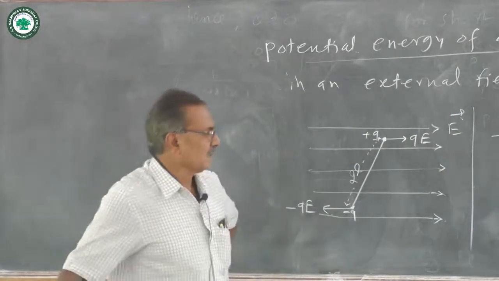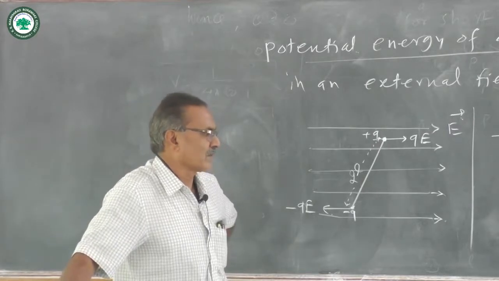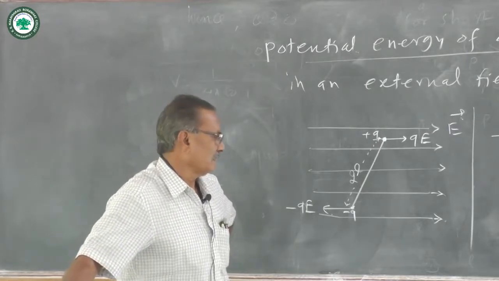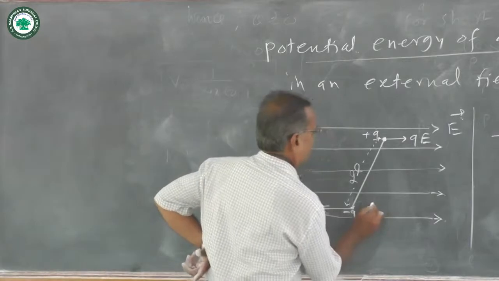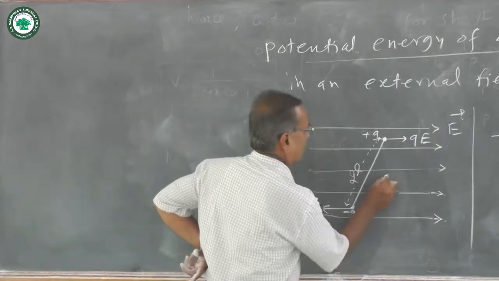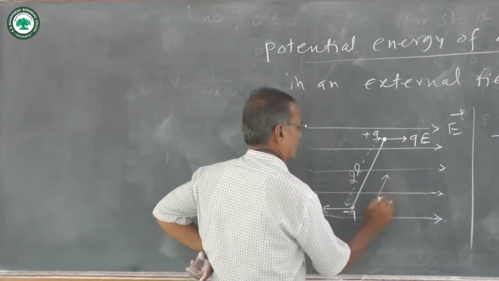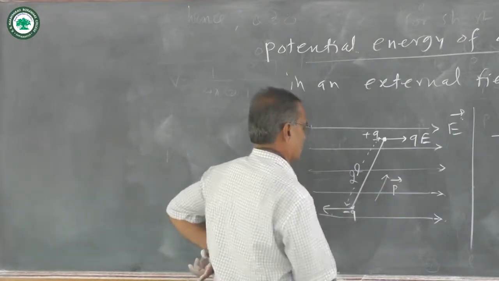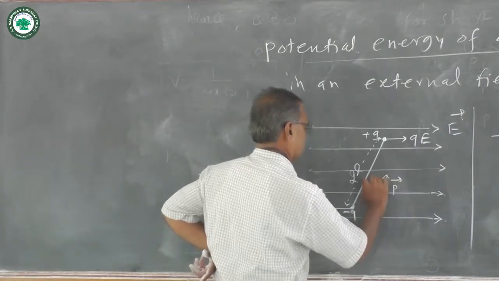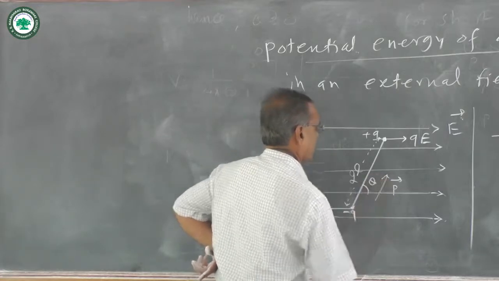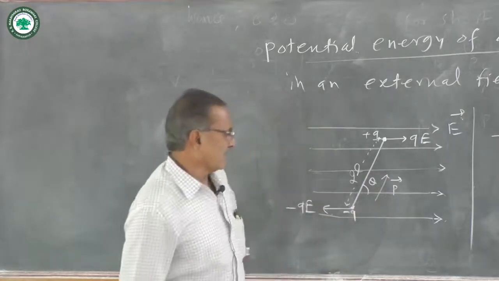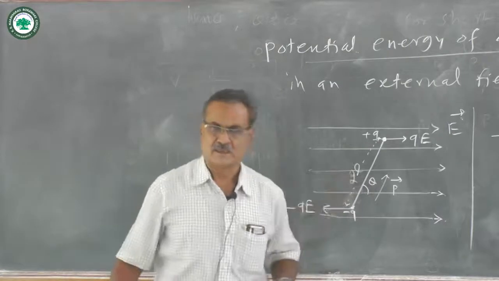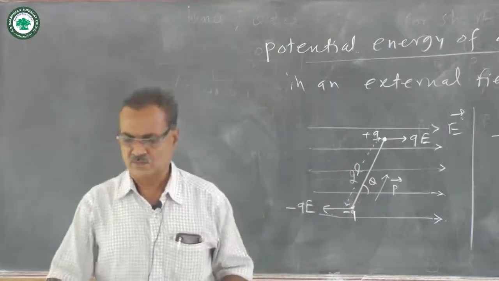So, vector torque equals vector P cross vector E. Now, the electric dipole moment is from negative to positive charge. Suppose here the angle is theta between the electric field and the dipole of two poles.